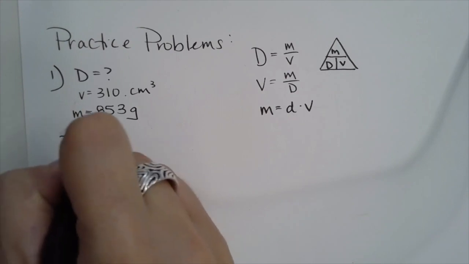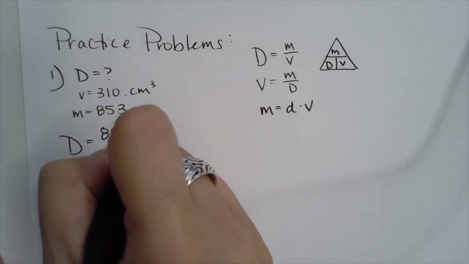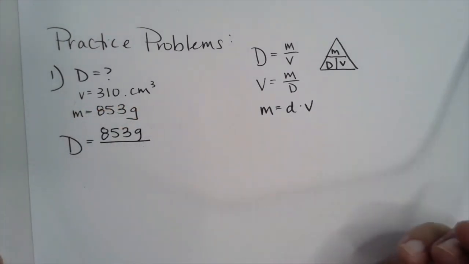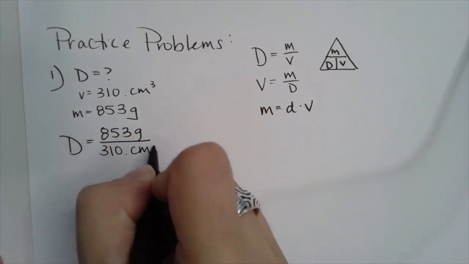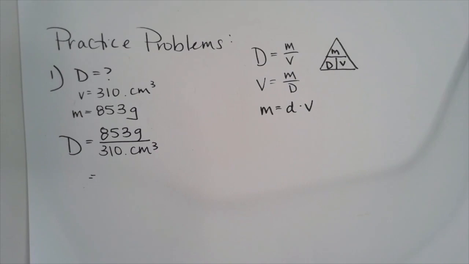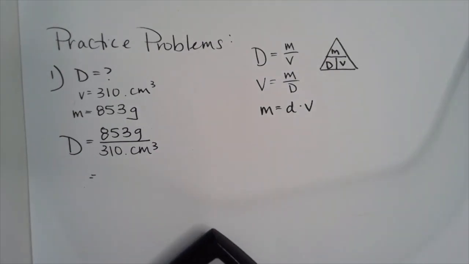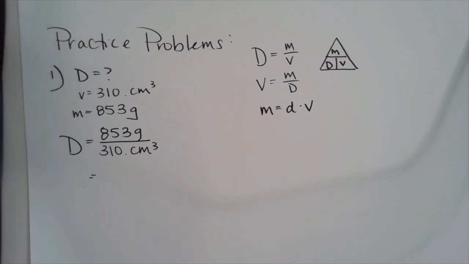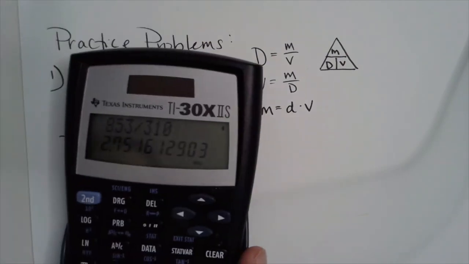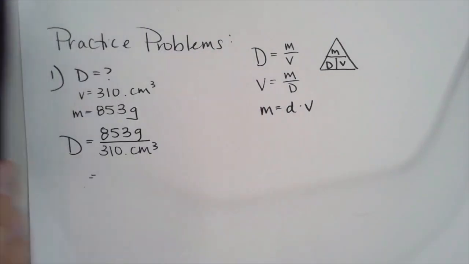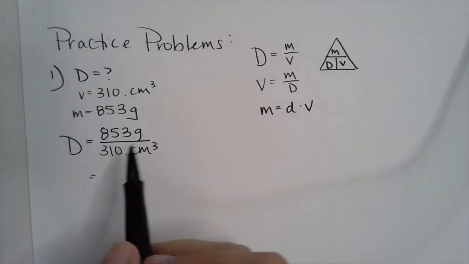So density is equal to 853 grams, the mass, divided by the volume. When you plug that in your calculator, 853 divided by 310, you have a ridiculous answer, 2.751612. You have that long thing. Use your significant figures for dividing.